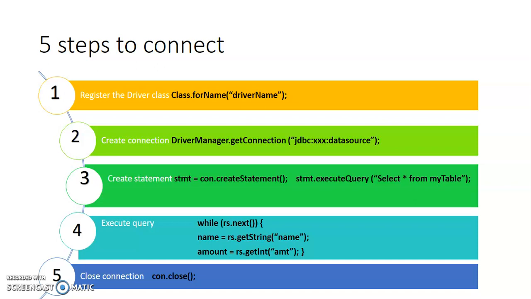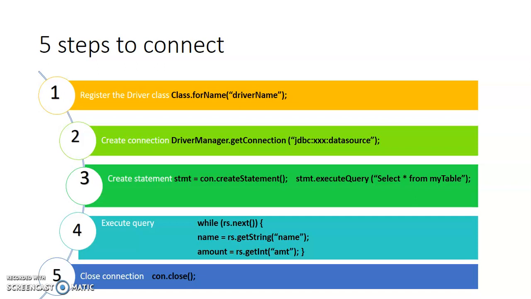There are 5 crucial steps to connect a Java application to the database. As I told you, the database can be Oracle, MySQL, or Access. For every type of database, a different type of driver is needed. Every type of database comes with its own type of driver.